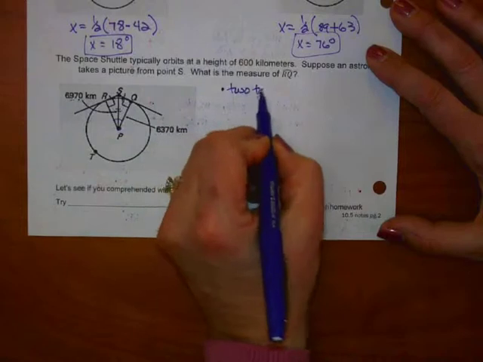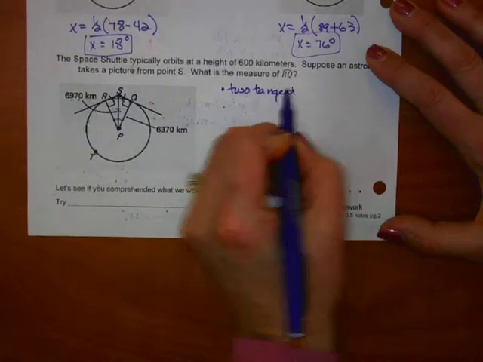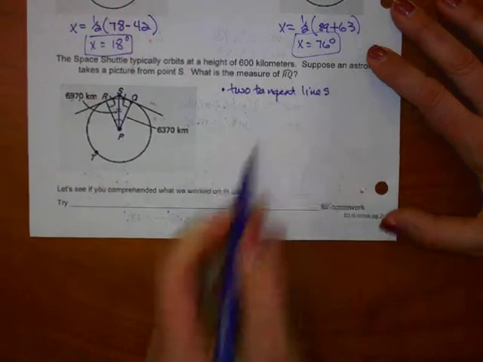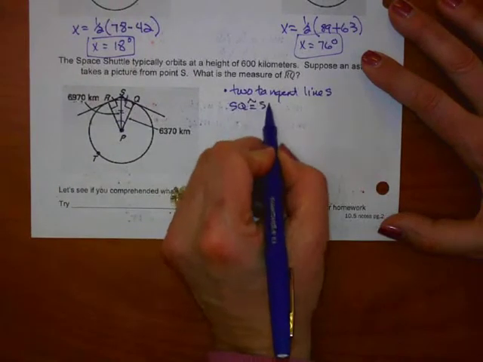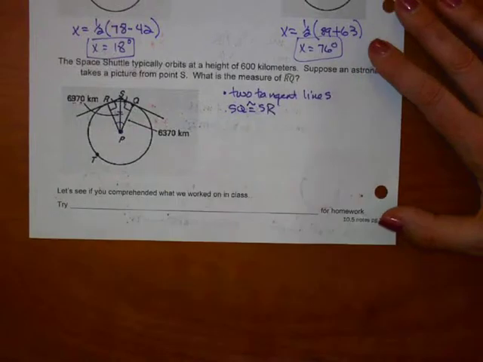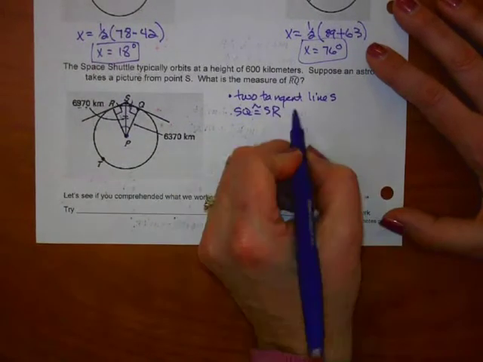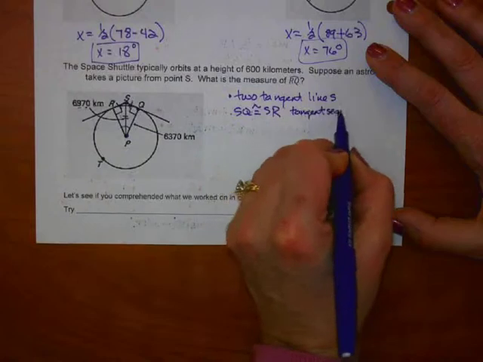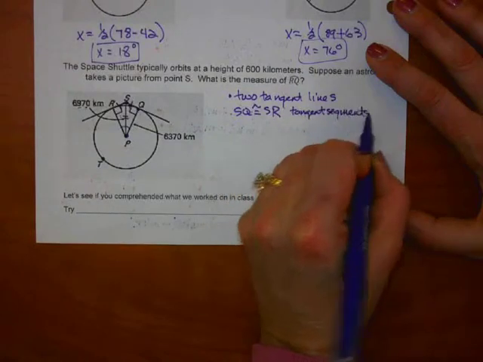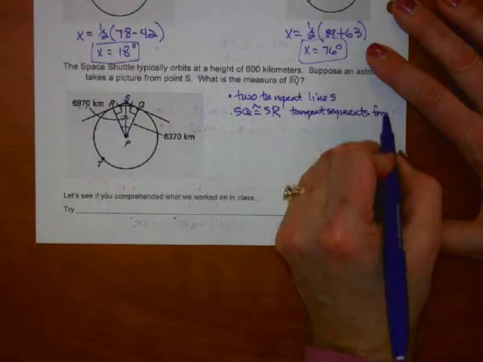2 tangent lines. I'm just going to write down our reasoning here. I know SQ is congruent to SR because tangent segments from a common point are congruent. Do you remember that one?